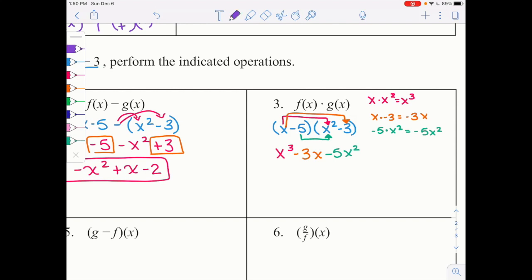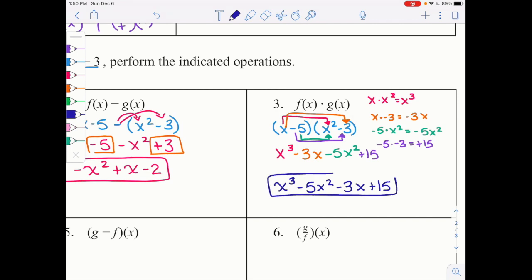And then lastly, we're going to multiply -5 and -3, which is +15. Please put it in order from highest exponent to lowest. So my final answer here is going to be x to the third minus 5x squared minus 3x plus 15.